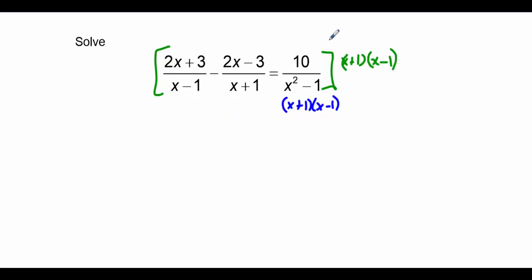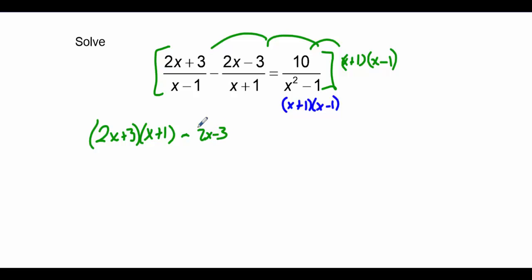And we distribute that to each term, and hopefully we will reduce all of our denominators. So now we have 2x plus 3 and x plus 1 minus 2x minus 3 times x minus 1 equals 10.